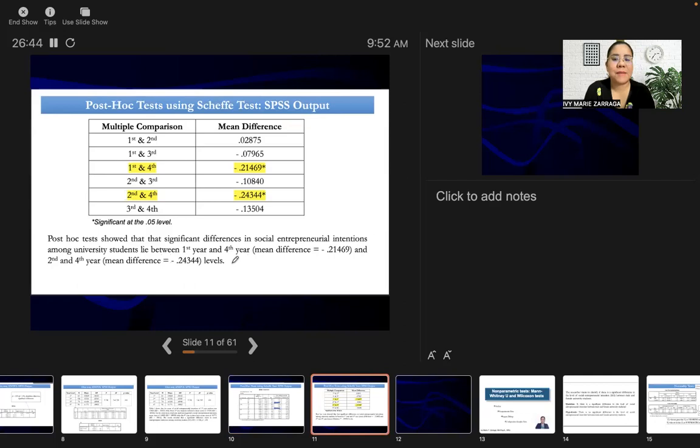So ito yung pagpe-present natin. So aside from stating that there's significant difference, we have to identify kung saan nagkaiba using the post hoc test. Okay?